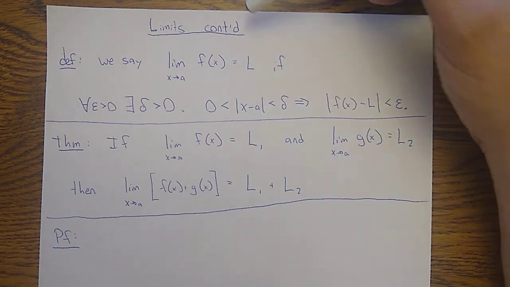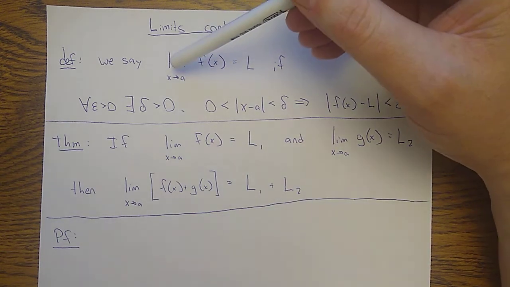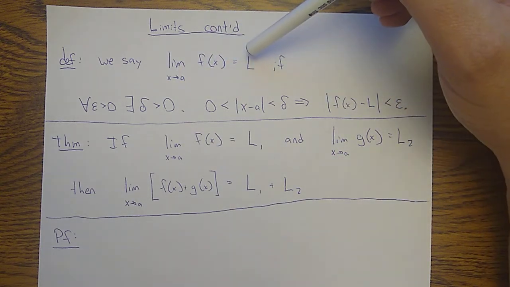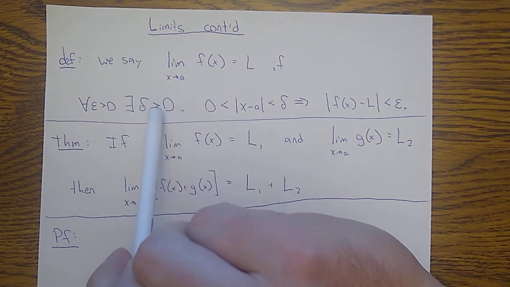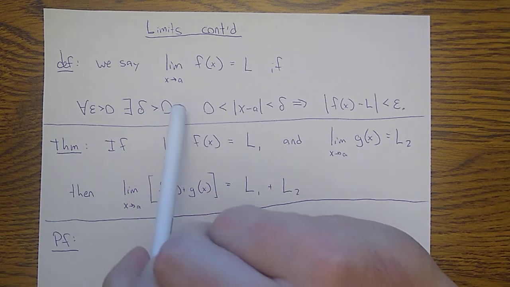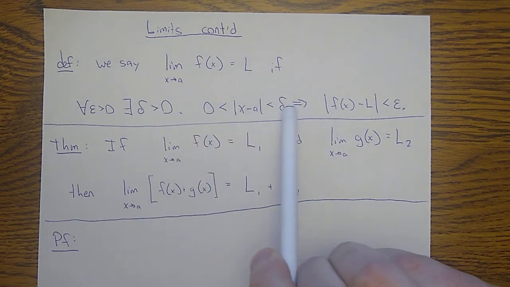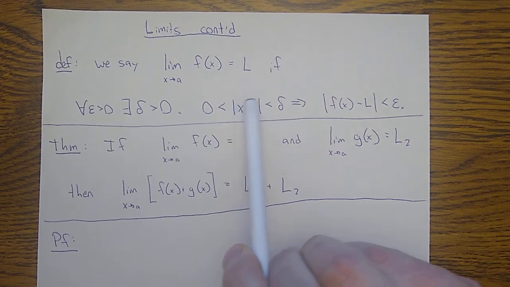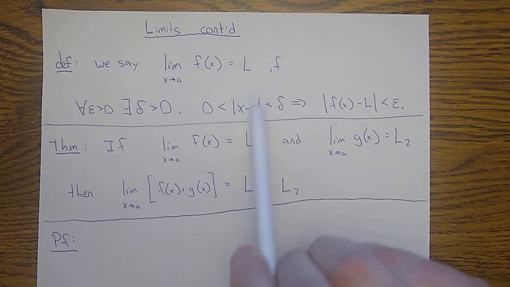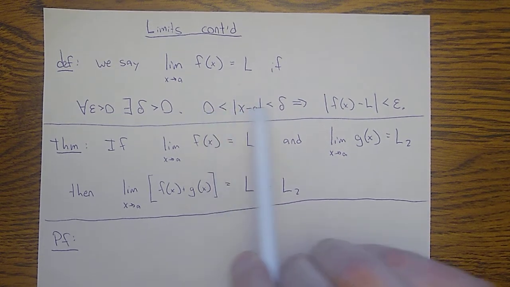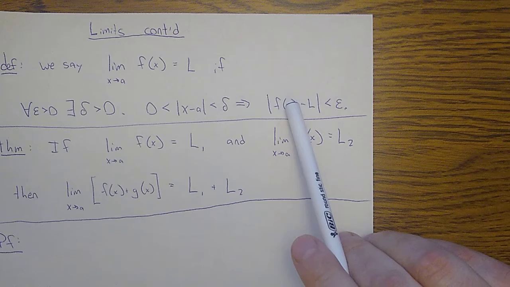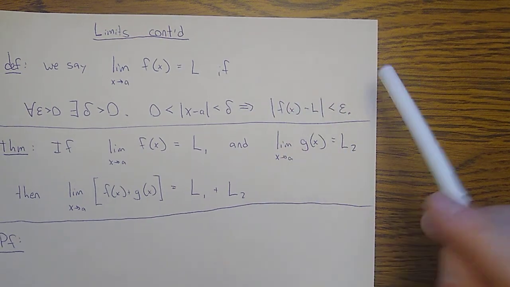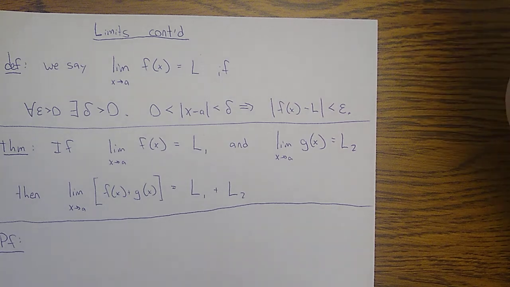If you recall, we say that the limit as x approaches a of f of x is L if for all real numbers epsilon greater than 0, there exists a real number delta greater than 0, such that whenever we have an input x such that the absolute value between x and a is between 0 and delta, whenever we take such a value x and plug it into f of x, we're going to find that the absolute value of f of x minus L is smaller than epsilon. Okay, we saw that definition before.